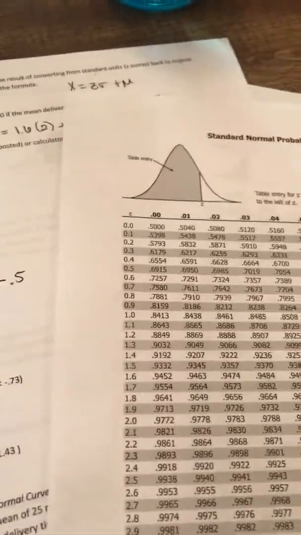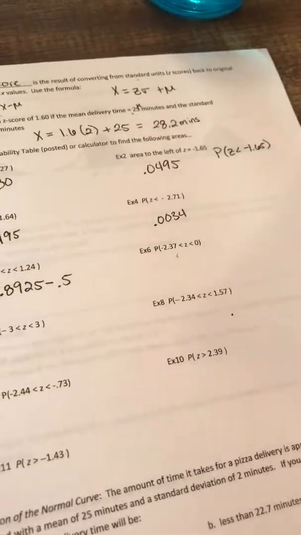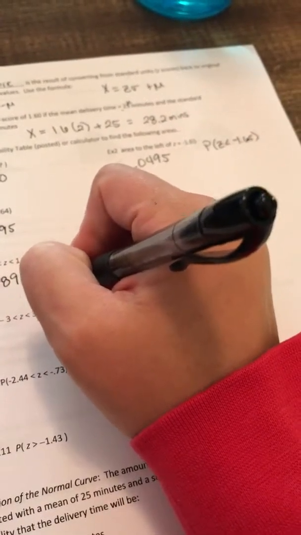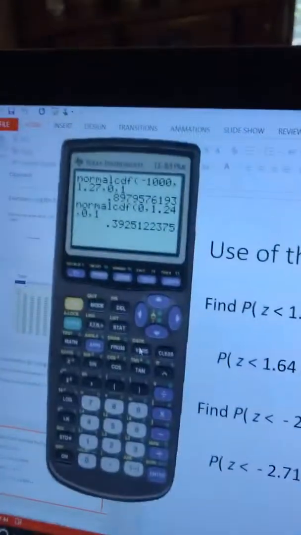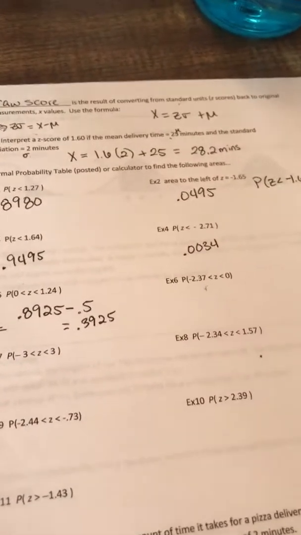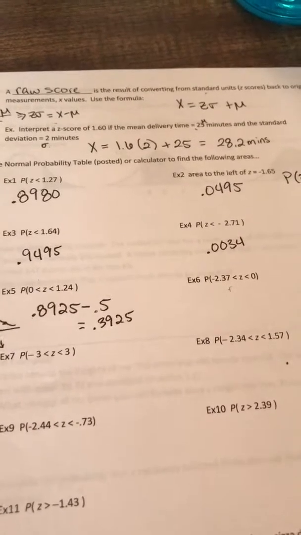You can verify 0 is up here, 0.5. And subtract those, you get 0.3925, which is what the calculator said. So for the chart to do between, you just have to remember, take the probability for the bigger z value, subtract off the smaller one, and that leaves you with what's in the middle.